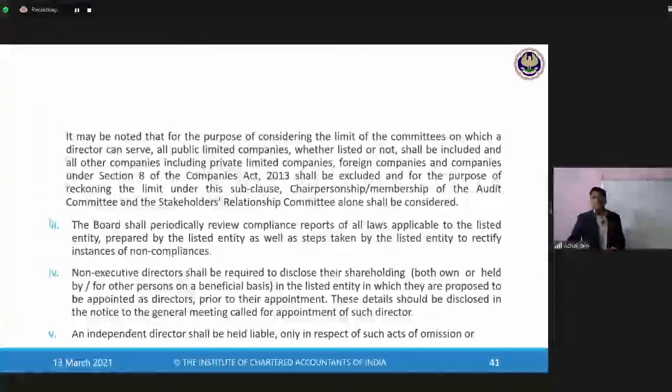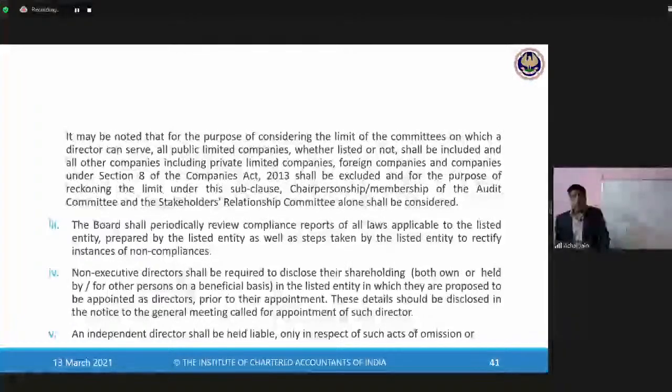But there could be certain compliances which may be impacting the operations of the organization. Generally you'll see the board will have a discussion on some of the very serious matters. So that's why we will say it's one of the most important procedures on the part of the board.